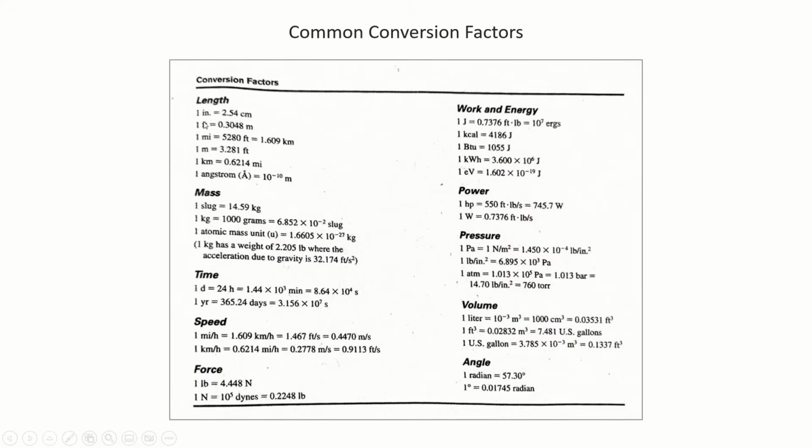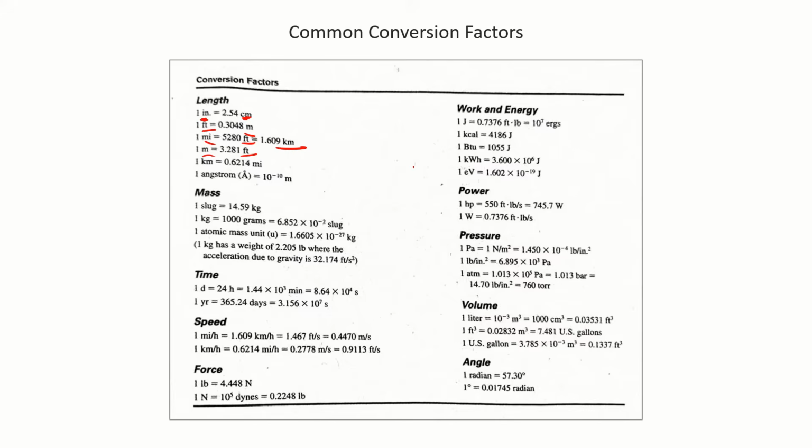For example, 1 inch is equal to 2.54 centimeters. Inches is part of the English system. This is the metric system. So feet to meters, miles to kilometers, and meters to feet. We have other equivalents here also. Time is the same for English and metric systems.